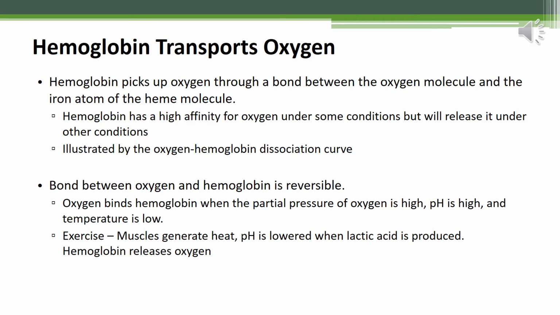And like I've said before, exercise generates heat due to the muscles working. The pH is lowered because we've begun to produce lactic acid because we're performing fermentation rather than cell respiration because we're probably getting low on oxygen. And this causes the hemoglobin to release oxygen, and this is what we need it to do because the body tissues and the muscles need this oxygen.